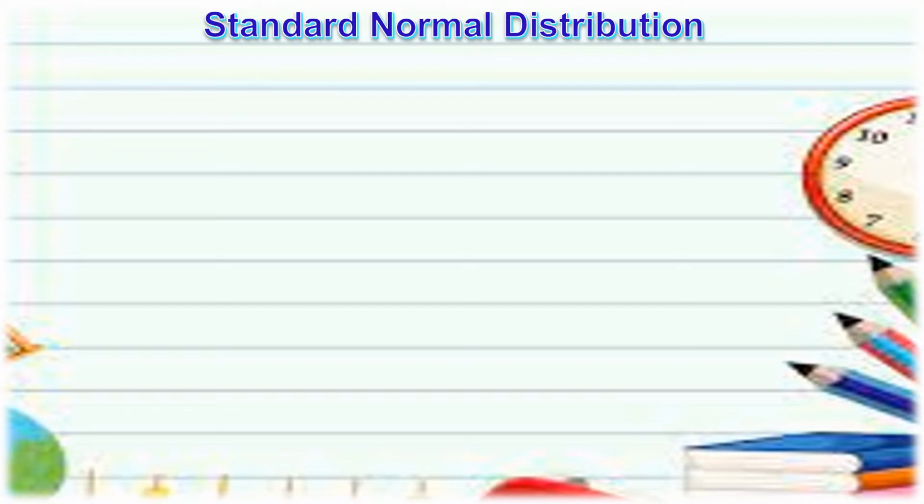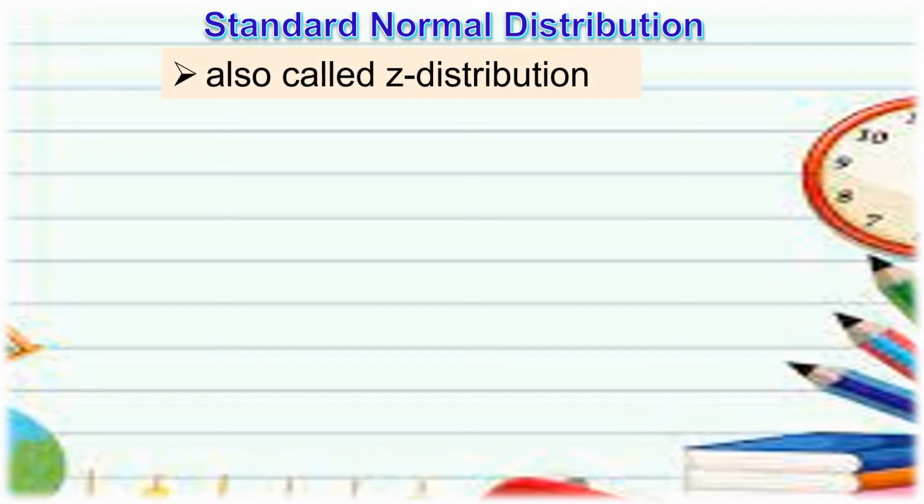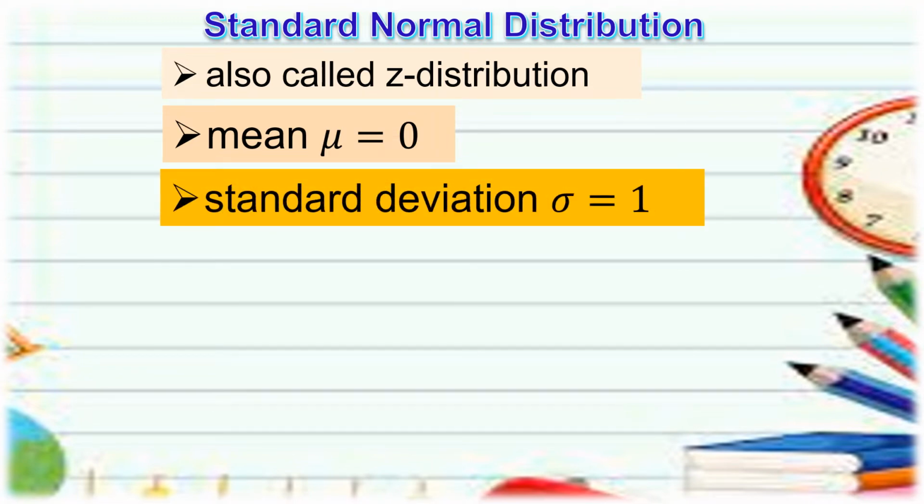The standard normal distribution is also called the z distribution, with mean mu equal to 0 and standard deviation sigma equal to 1.